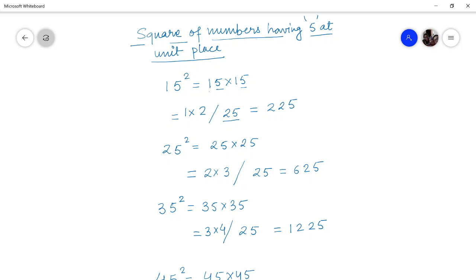So friends, in this lecture, till this point only. In the next lecture I will be making this general, so that any two numbers can be multiplied provided their unit digits add up to 10. Here also the unit digits are adding up to 10.